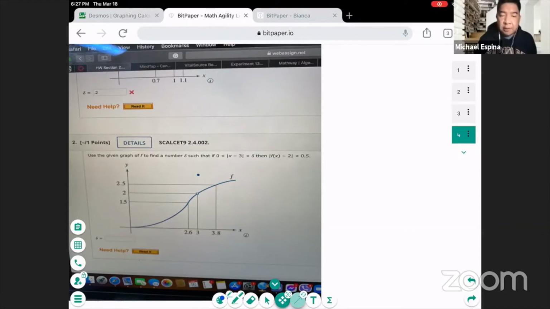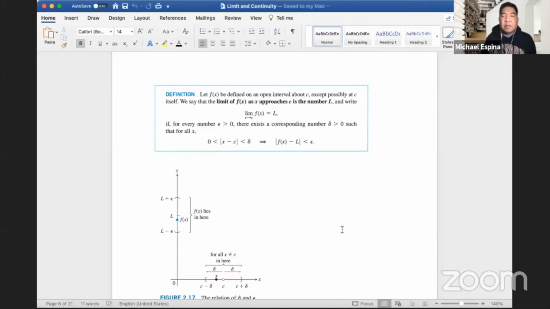Let me unshare my virtual board first so you can read this, and then let me show you my screen. This is the precise definition of the limit.